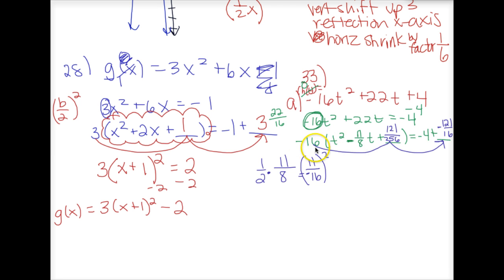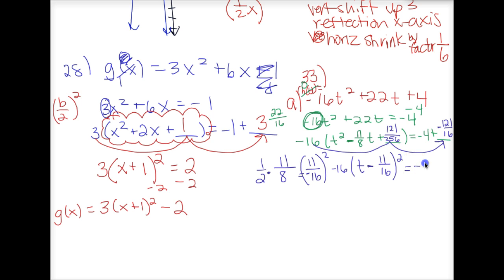So factor my left side as a PST. Square root of t squared is t. The middle sign is minus, so this is a minus. Square root of 121 is 11. Square root of 256 is 16. Slap a squared on it. Then again, if you want to use your calculator to help you add the fractions, you can. Just use your fraction button to convert it back.